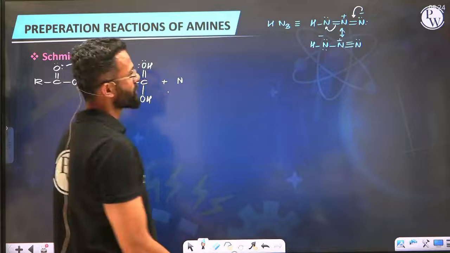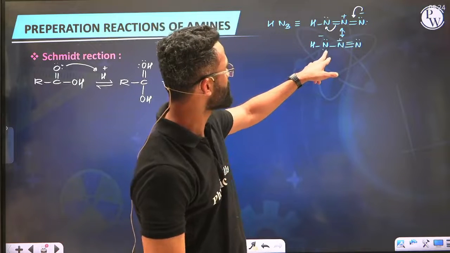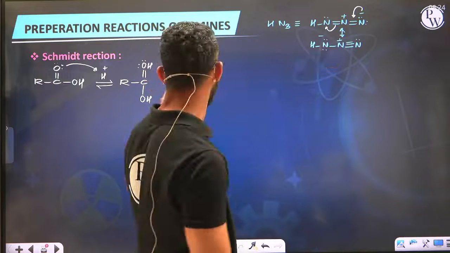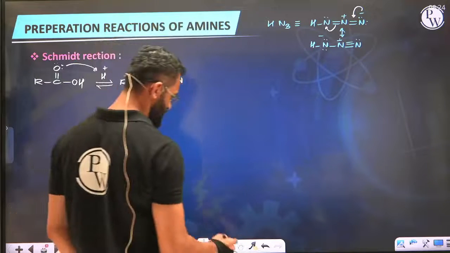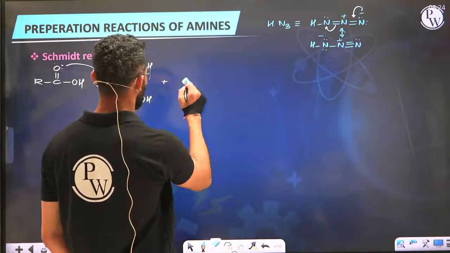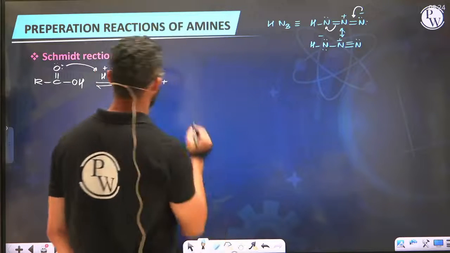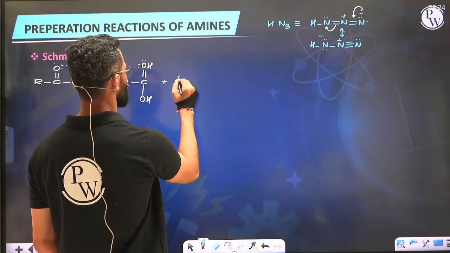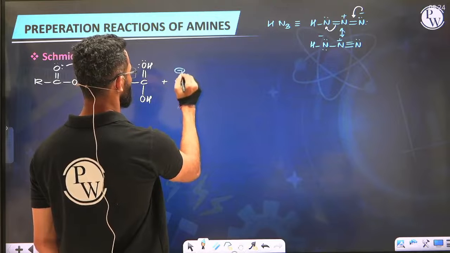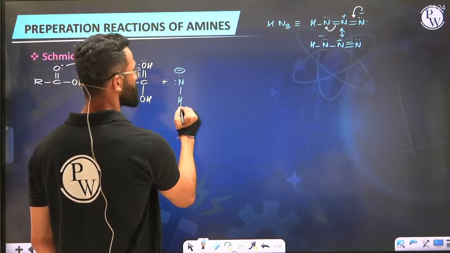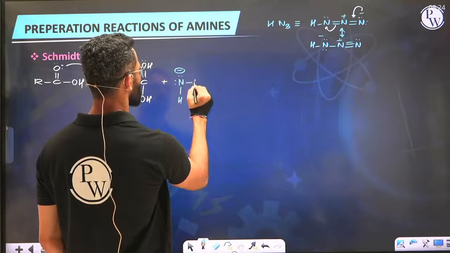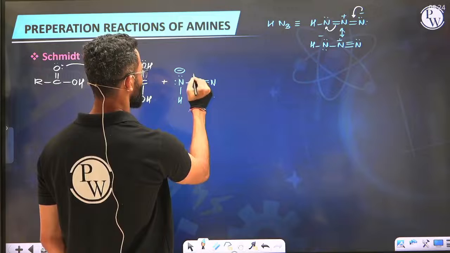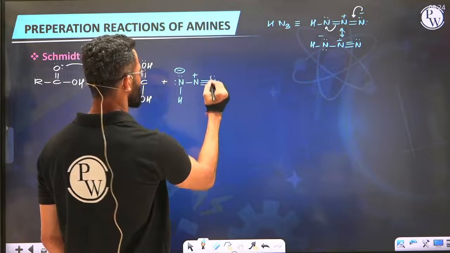Alright. So if you look at this structure, this structure indicates nitrogen being nucleophilic, can attack at this deficient carbon. So I'm taking that structure here. Nitrogen, electron rich, carrying hydrogen, further connected to N, triple bond N, carrying positive charge on it.